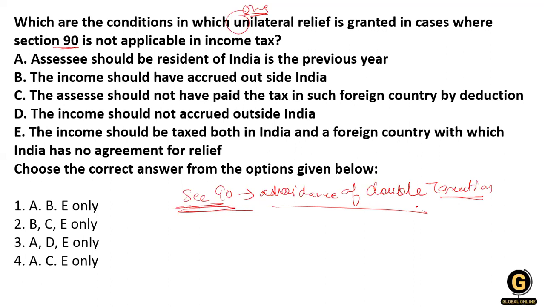Clear? Now the statement given is that the assessee should be a resident of India. If you know what is actually in section 90, which is for the avoidance of double taxation, I will tell you the conditions.